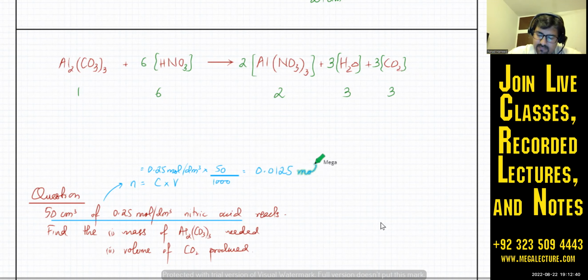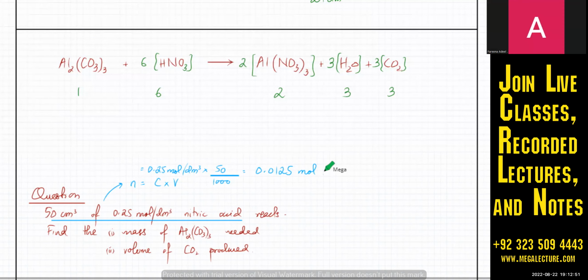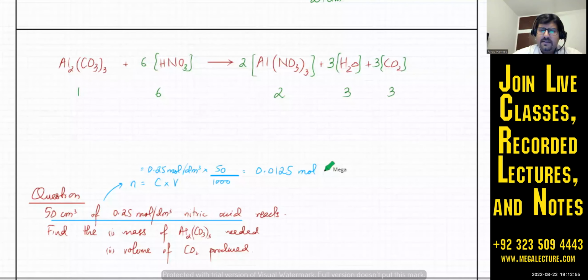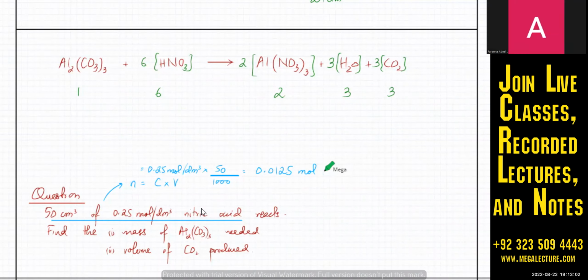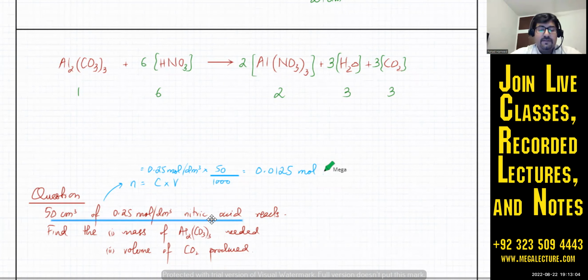Is that clear? Why is this clear? You're going to get 0.0125 moles. Clear? Unclear? Zaria, is this clear? Okay, so you found the moles of one substance, the moles of nitric acid, right?